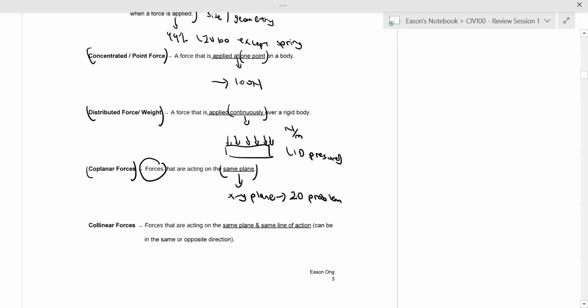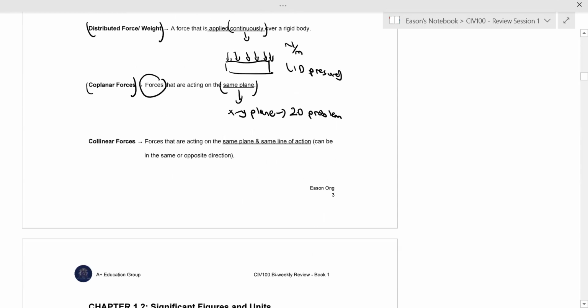Because I'm sure that your lecturer has already told you that in your CIV100, you will have 2D and you will have 3D. So when you see coplanar force, it means that you are dealing with 2D problems. Sometimes your lecturer might be kind enough to tell you that this is a 2D problem, but if they don't, and they say, oh, these forces are acting coplanarly, that directly implies that this is going to be a 2D problem. Because as you will see later, there are different methodologies and different steps that you need to take to solve 2D or 3D problems. All right.